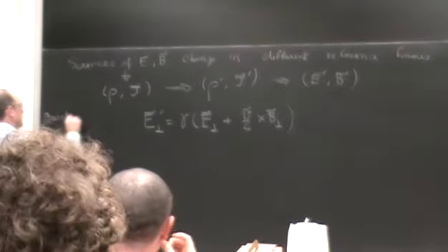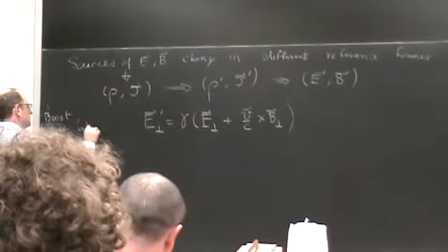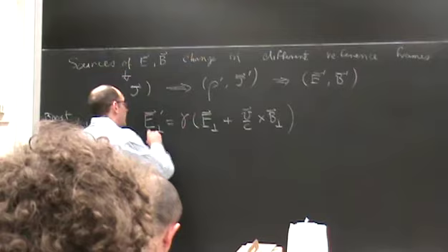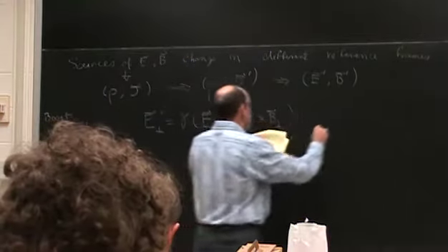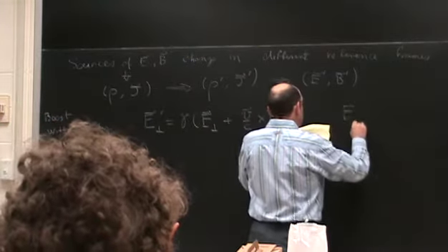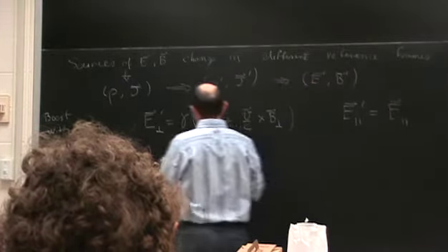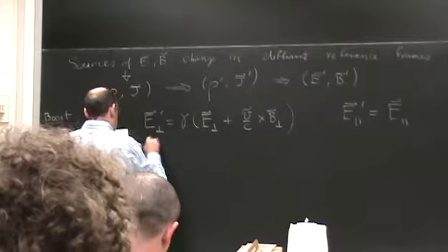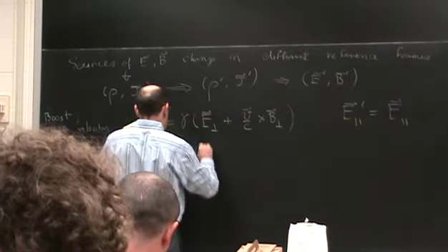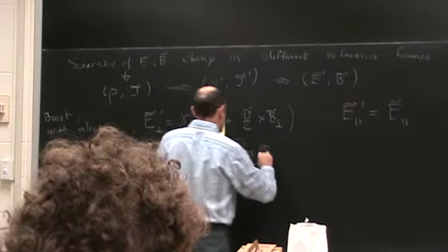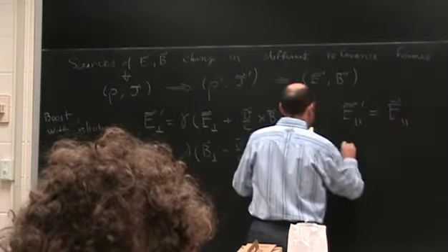So we boost with velocity v, and we find that the electric field transverse component changes like that, but the parallel component remains unchanged. And the magnetic field changes as such.